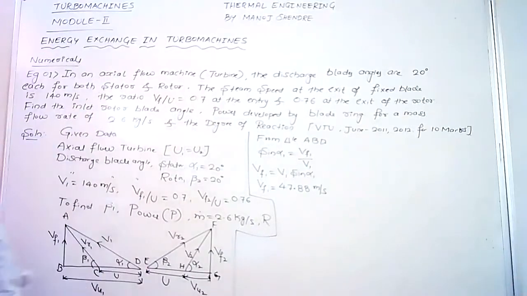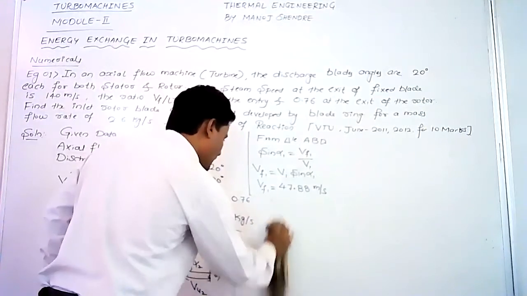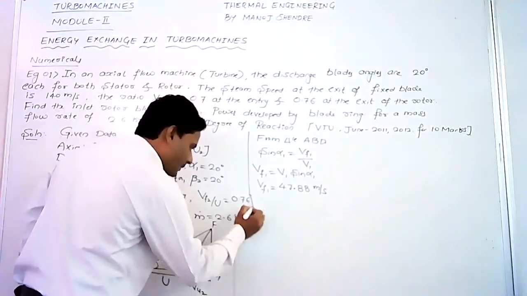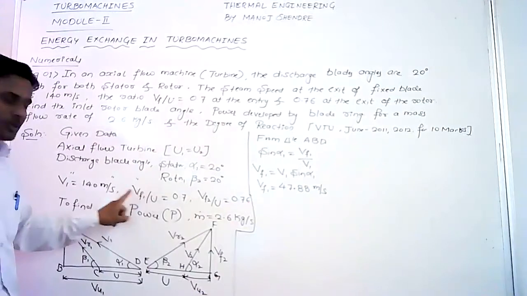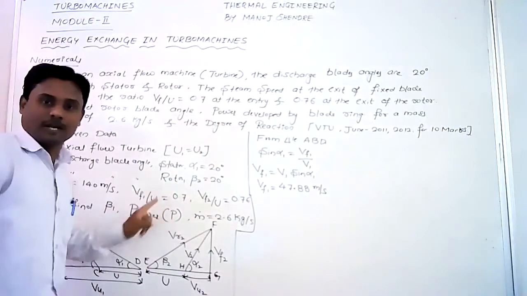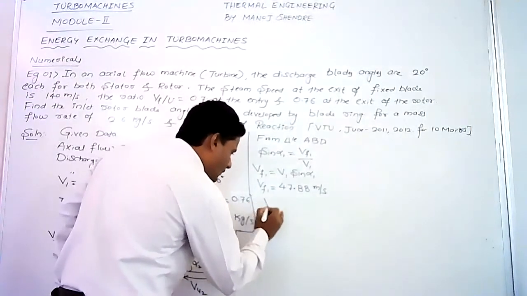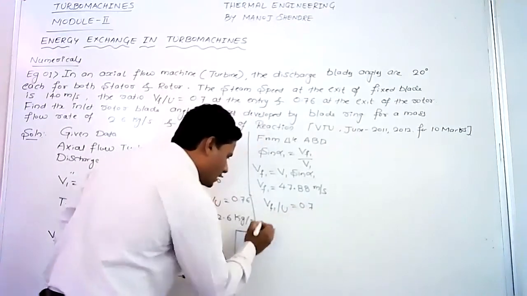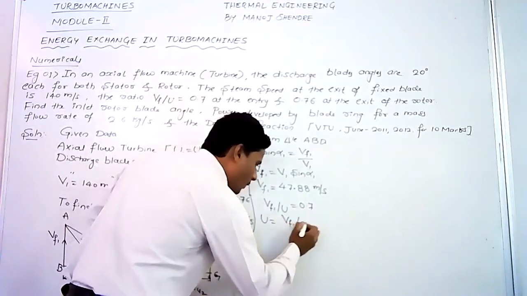Next, once you get the value of Vf1, the next step is to get the value of U, because we know the ratio Vf1 by U is 0.7. So use this relation to get the value of U. Vf1 divided by U equals 0.7, or U equals Vf1 divided by 0.7.